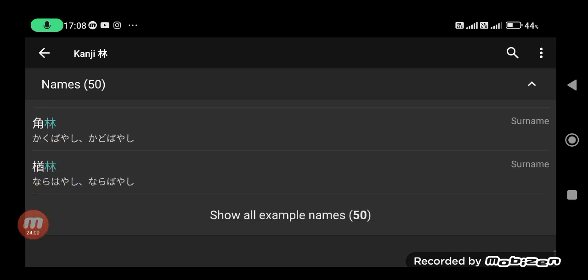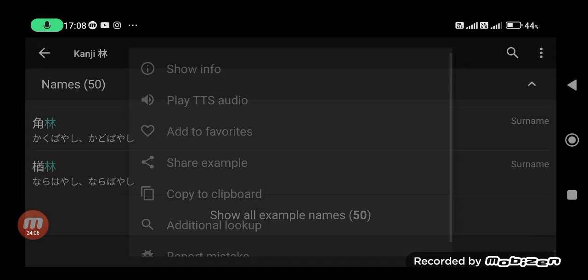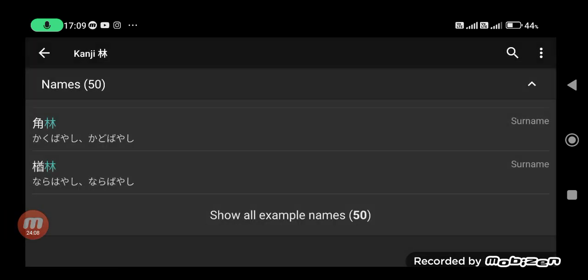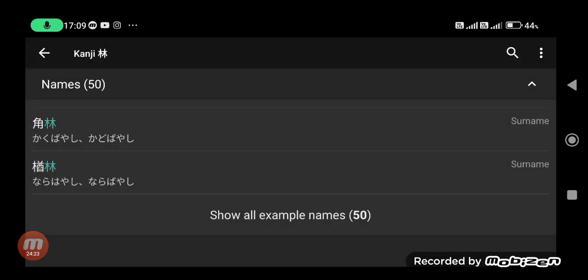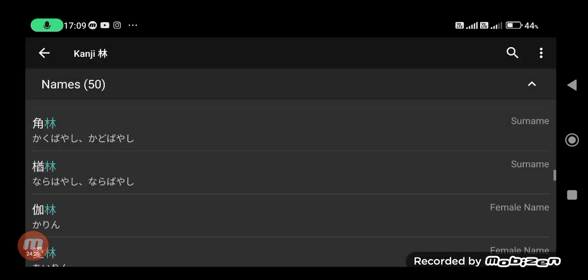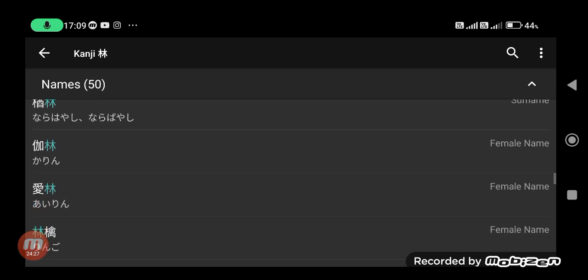How about this? Narabayashi. Most likely you will take the dakuten form for Hayashi, so this is probably the more prevalent reading for this combination.